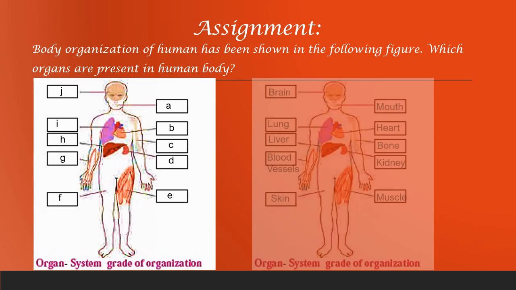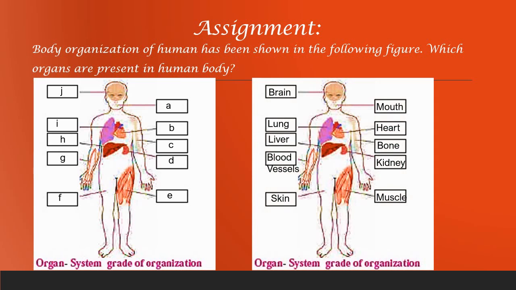Organ A is mouth, organ B is heart, organ C is bone, organ D is kidney, organ E is muscle, organ F is skin, organ G is blood vessels, organ H is liver, organ I is lung, and organ J is brain.